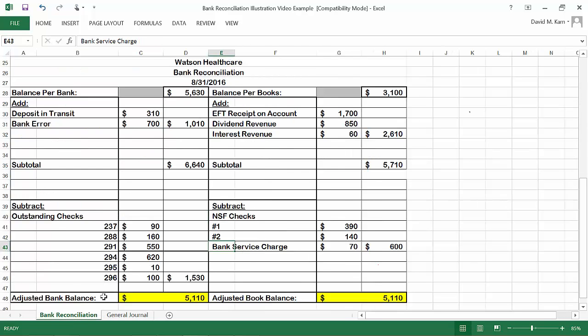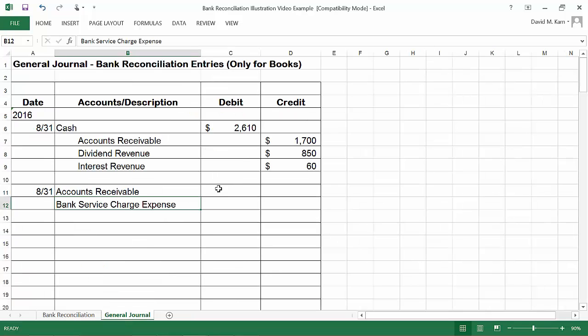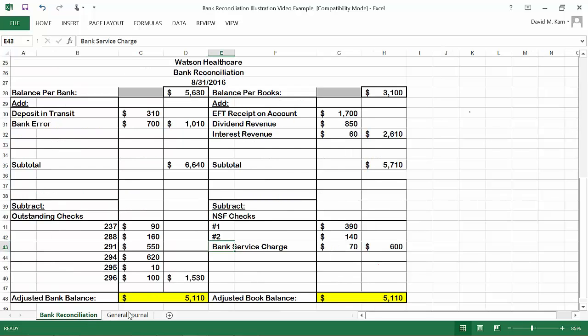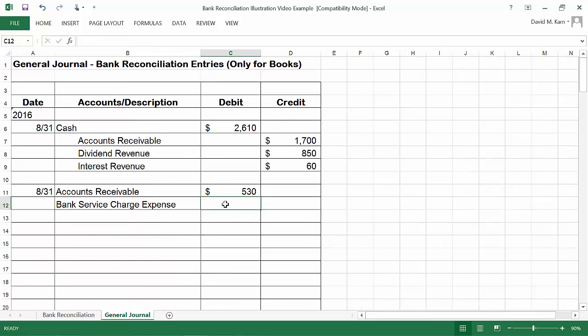We know we had 390 and 140 for accounts receivable, plus 390 plus 140. And we know that the service charge expense was $70. So we get 70 here. And again, we're going to have to, in this case, credit cash in the amount of 600, the 530 plus the 70.